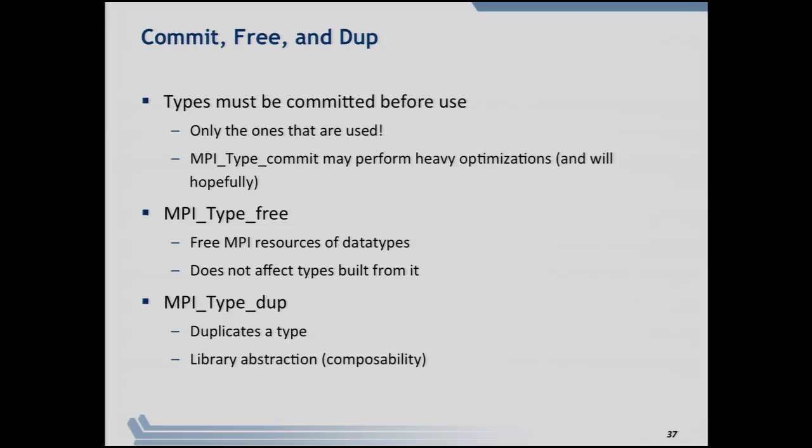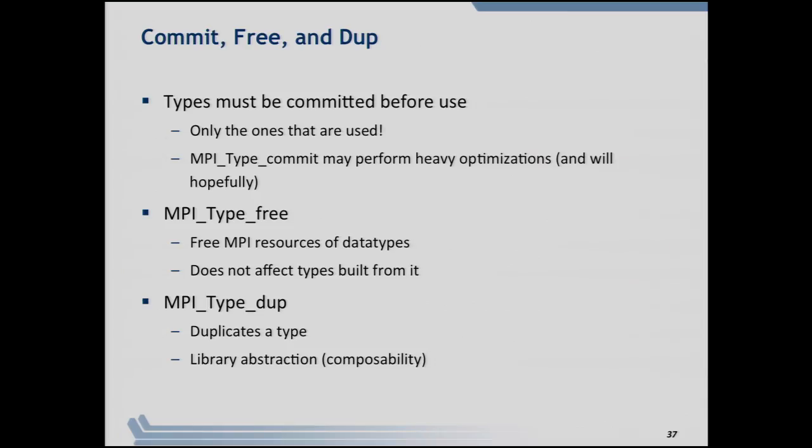Then, as I said, this is important: before you use data types, you have to call MPI_Type_commit. So the way it works is you call your data type constructor function, and if that's the last one, that is, if you've got your data type and you want to use it, you have to call MPI_Type_commit. If you're using that data type as input to another data type constructor, then you don't need to call commit. You can just directly feed it.